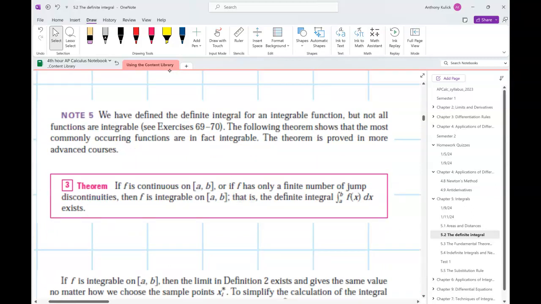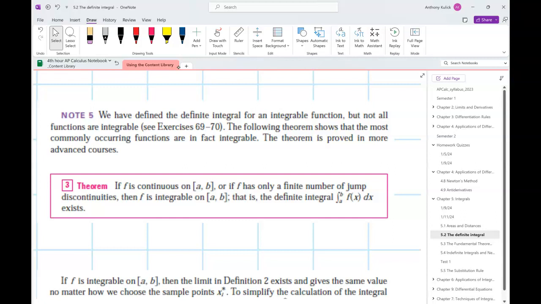So at the start of class, we defined a function as being integrable if the integral exists. Here's a theorem that dictates when that's going to happen. So we say if f is continuous on [a, b], or if it has only a finite number of jump discontinuities on [a, b], then f is integrable on [a, b].